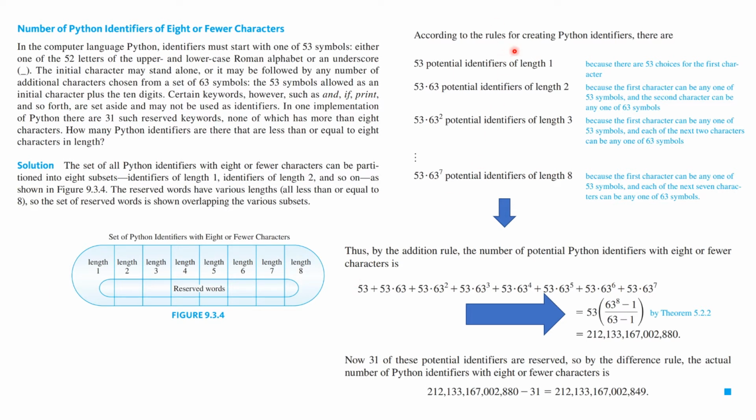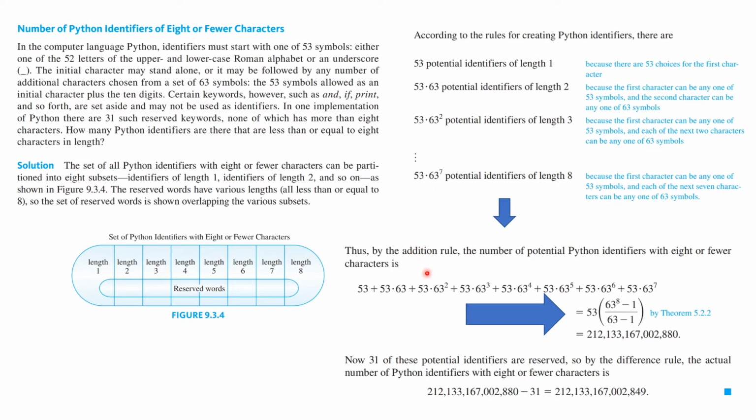Now, according to the rules for creating Python identifiers, there are 53 potential identifiers of length 1, and then we can have 53 times 63 of length 2, and 53 times 63 squared of length 3, all the way down to 53 times 63 to the 7th potential identifiers of length 8, and these are all disjoint.